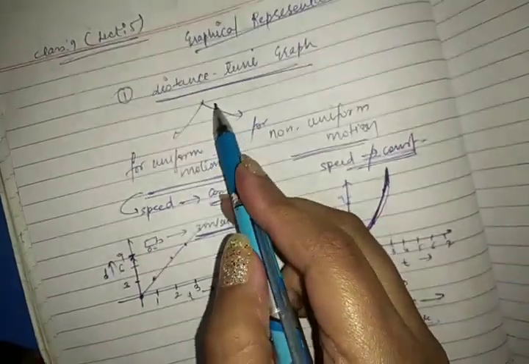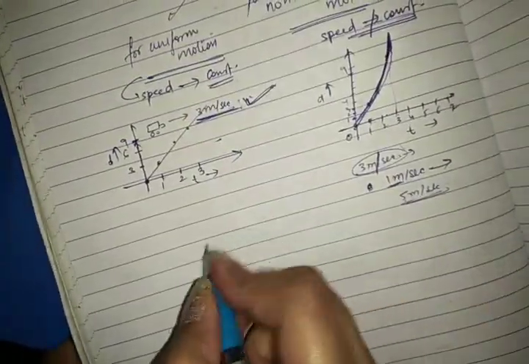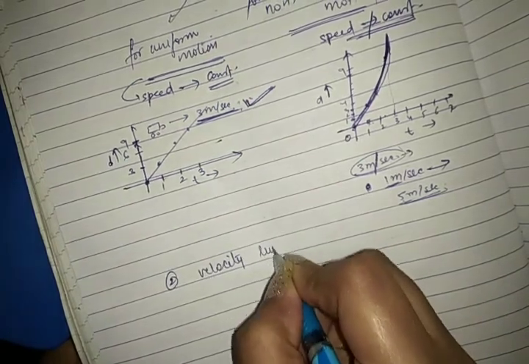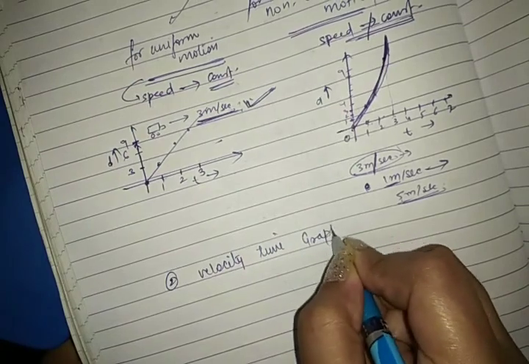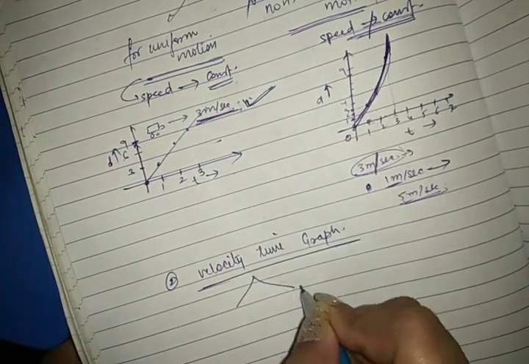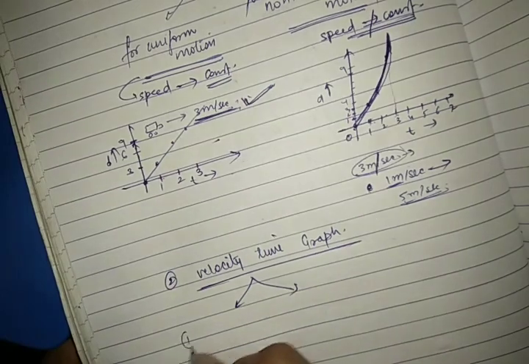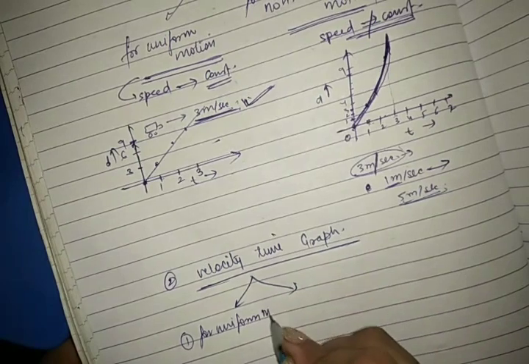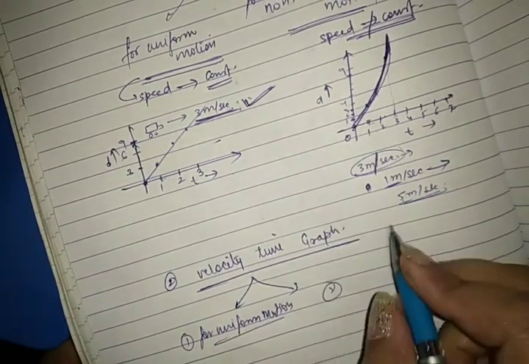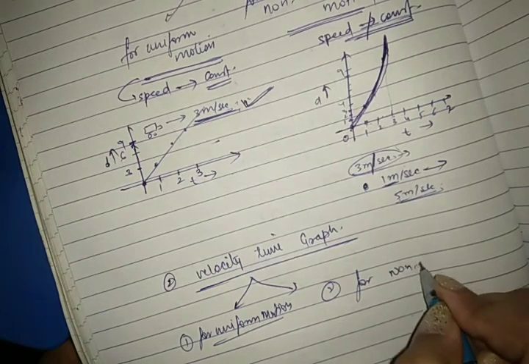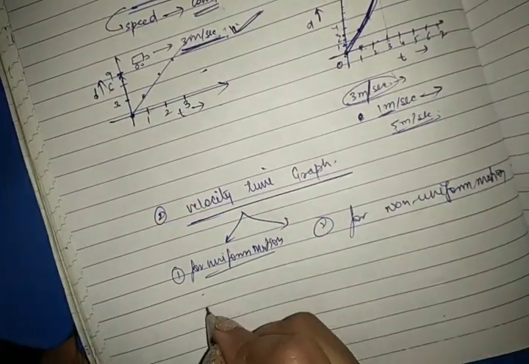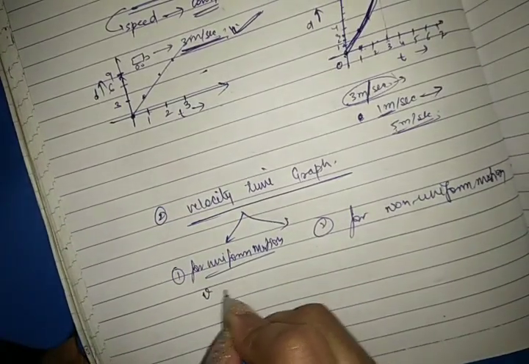Now come to the next point, that is the velocity time graph. This can also be categorized in two categories. First is for uniform motion, and second one is for non-uniform motion. For uniform motion, that means speed remains constant.